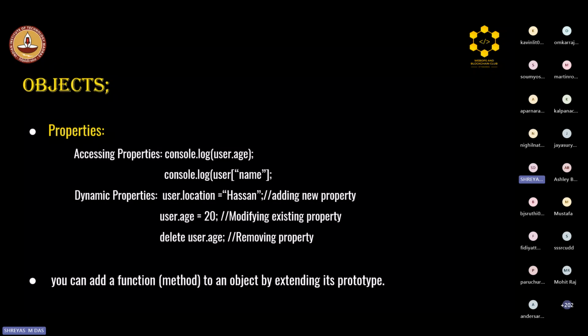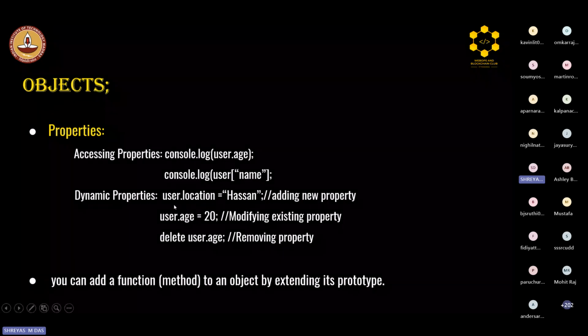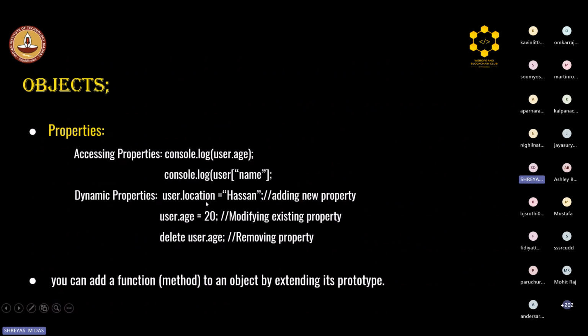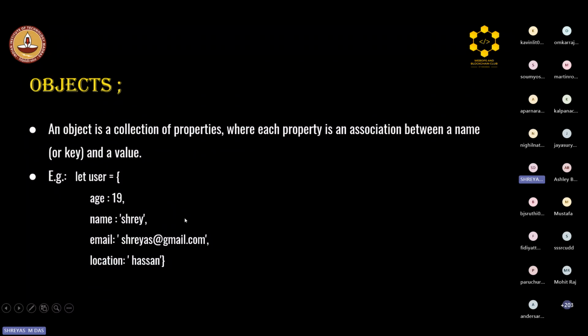One thing is you can add a new property. Here you can see that location is the new key, and for that particular key you are adding the value Hassan. Similarly, I can modify. Initially I have age 19.